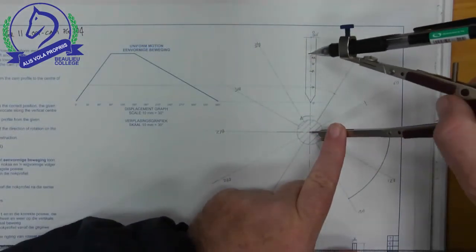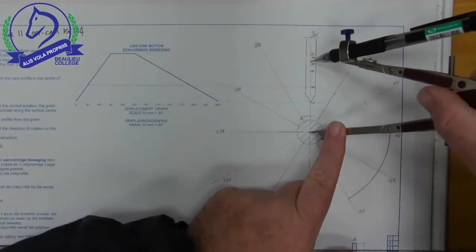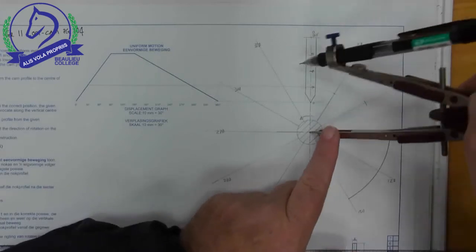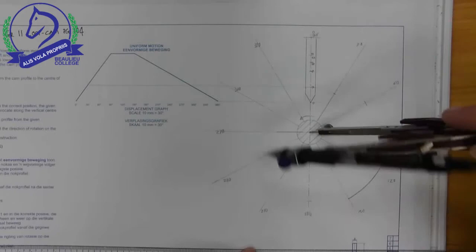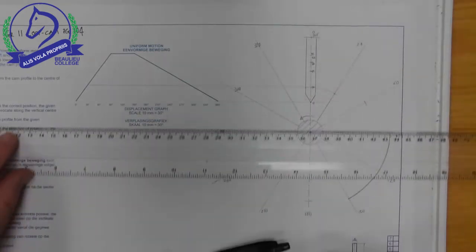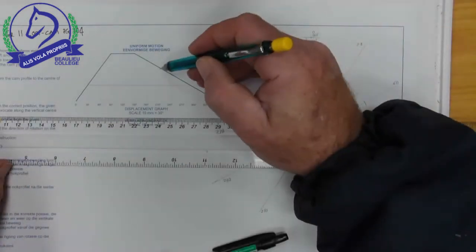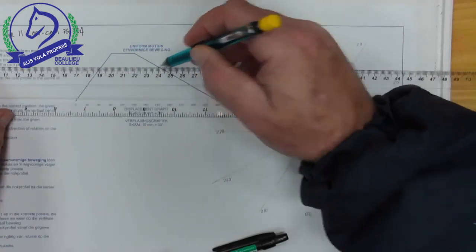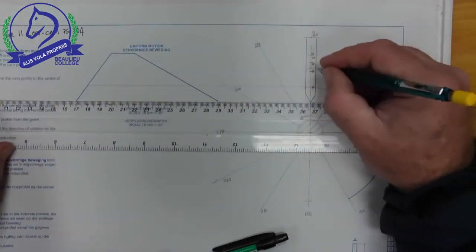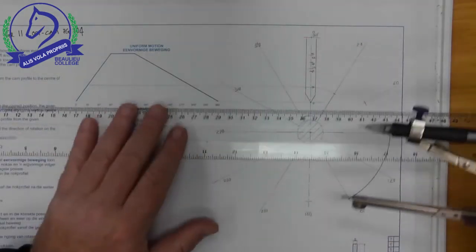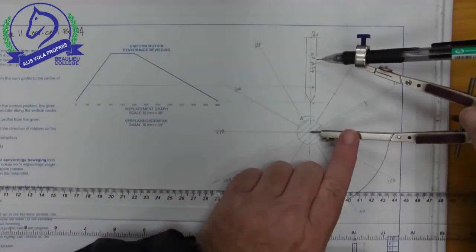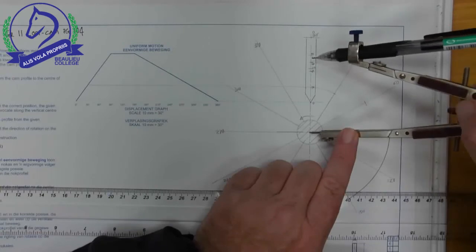Set my compass to that distance. There's my point at 180. Here is point 210. Set my compass to that distance.